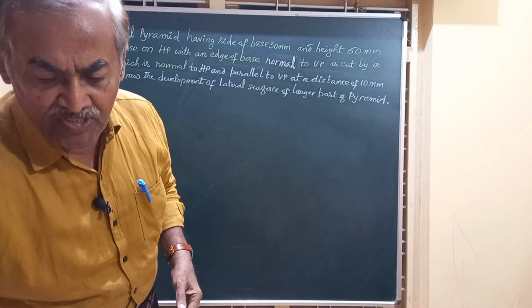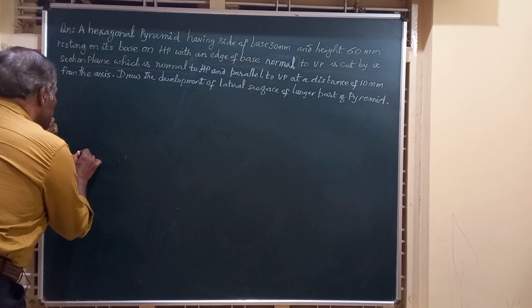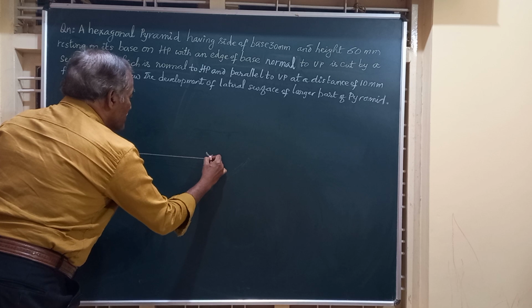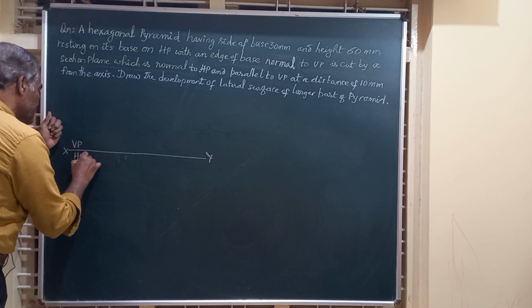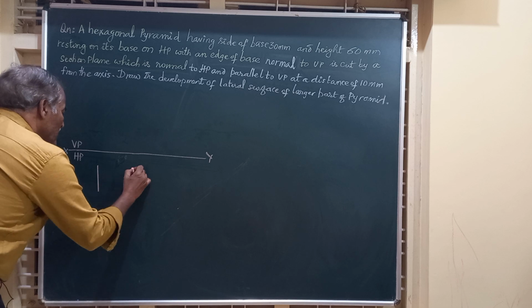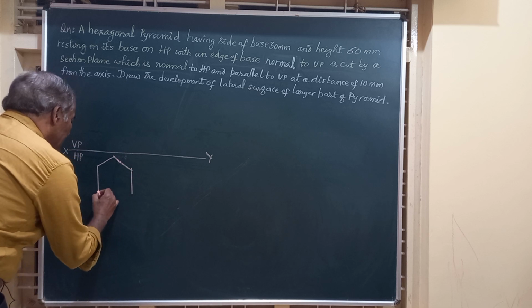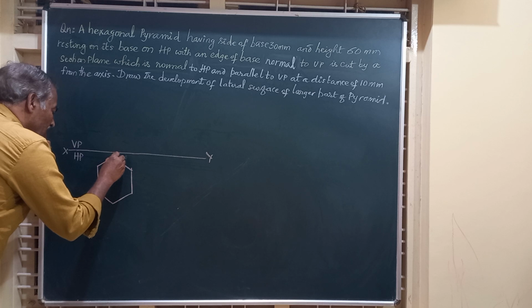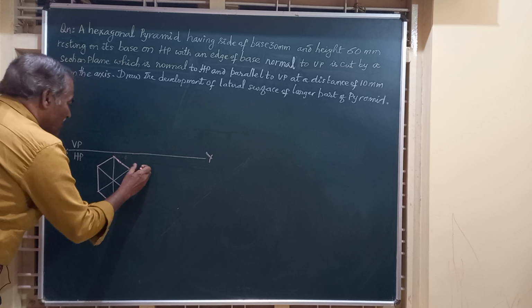So friends, we will start the development by drawing the XY line, the line of intersection of VP and HP. We will mark VP and HP indicating first angle projection, and we will draw a hexagon in the top view having side equal to 30 mm, and join the opposite corners to get O, the vertex of the solid.